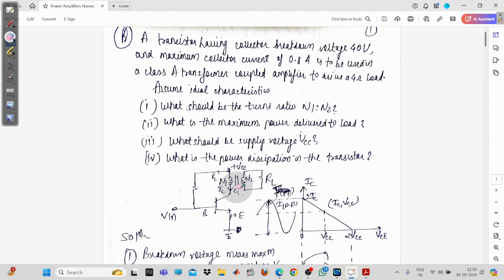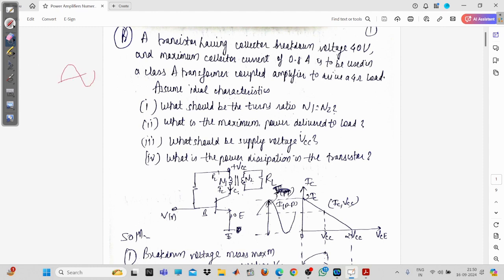So why was there a problem in the class A power amplifier? There was the resistance RC. You can see there was the collector resistance RC, or you can call it the load resistance. So even if you are not applying any input signal, the current will still flow through the resistance because of the DC biasing. DC biasing will remain constant for the entire operation, and you know that the AC value is going to vary like this.